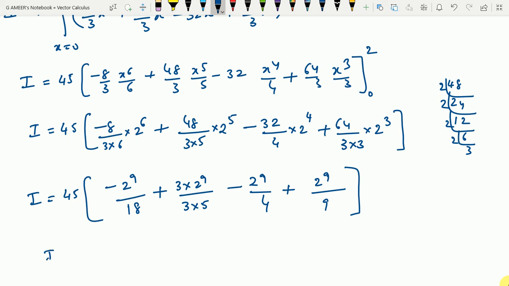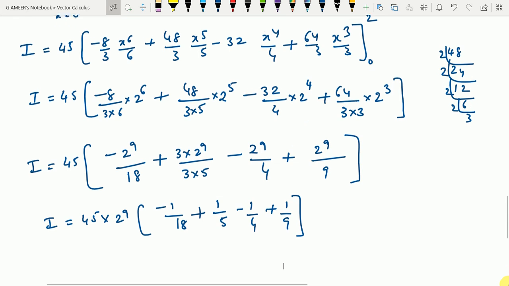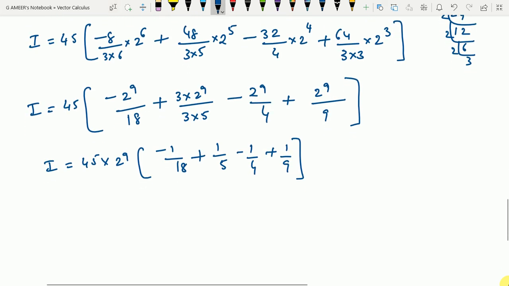So that means I is equal to 45 into 2 power 9 common. Then here it is minus 1 by 18, plus here it is 1 by 5, then here it is minus 1 by 4, plus here it is 1 by 9. Okay, now we need to simplify this more. I is equal to 45 into 2 power 9. Then let us simplify. Minus 1 by 5 plus 1 by 9 can be written as 9 plus 5, that is 14 by 45.